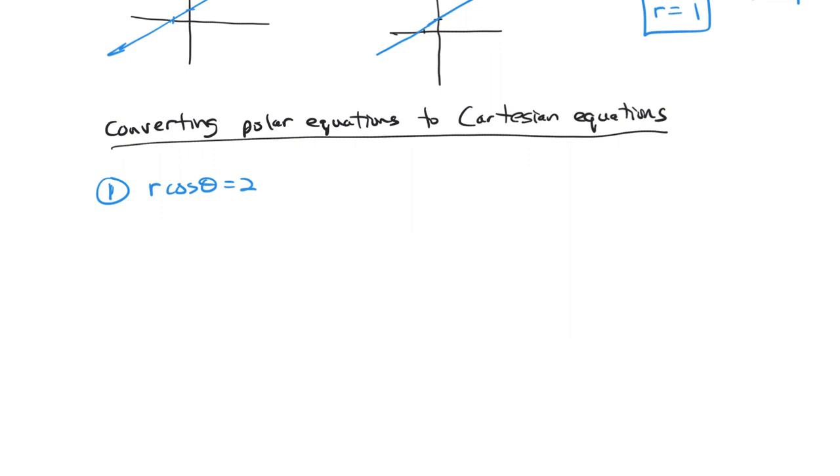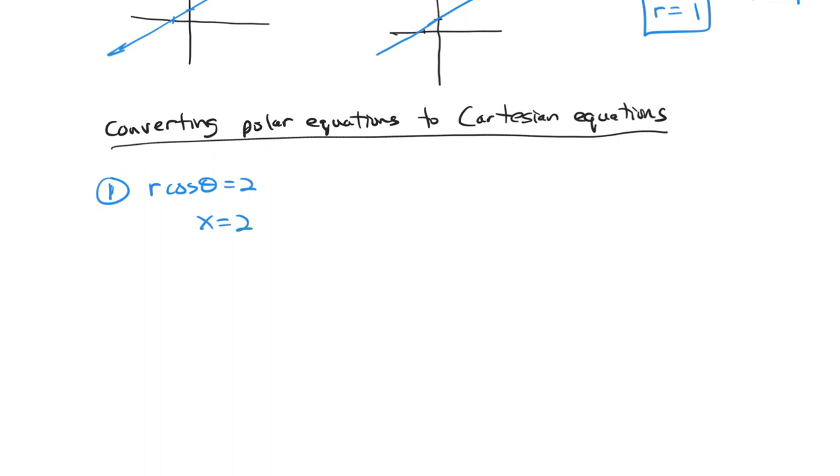Well, r cosine theta is just x. So this is like saying x equals 2. This is a vertical line, right? So r cosine theta equals 2 is a vertical line, x equals 2.